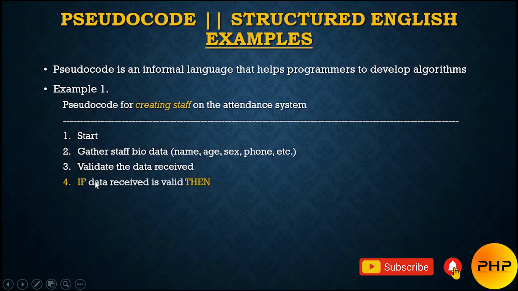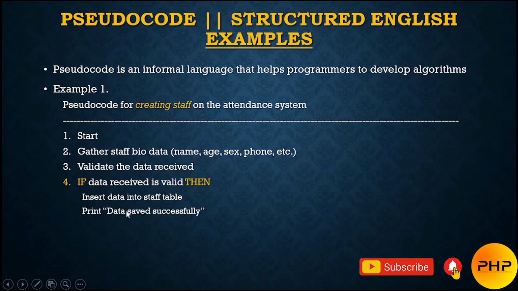Then you check validity, that is, data validation, using conditional statements like we did previously. They will say: if the data received is valid, then insert the data into the staff table.